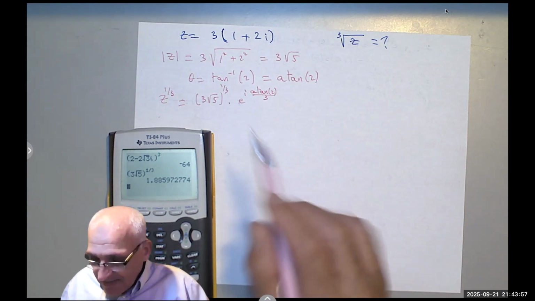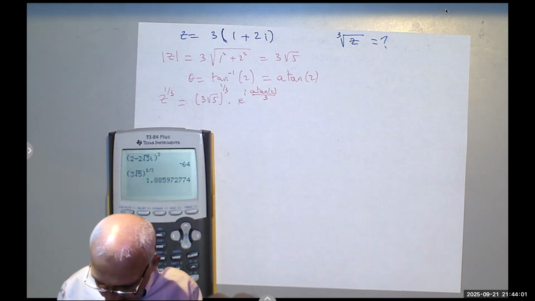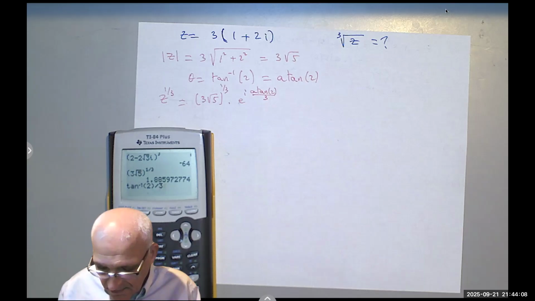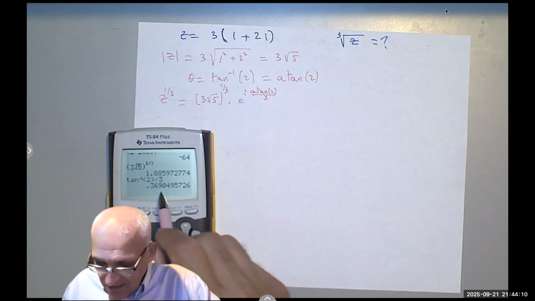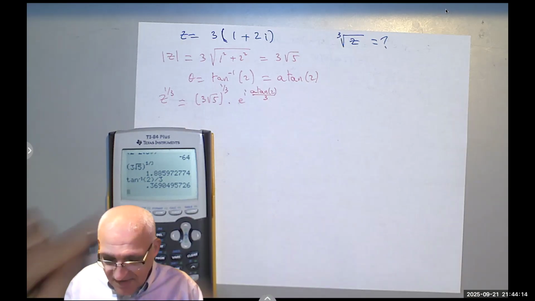And then I will get theta, which is arctan 2 divided by 3. And this is the angle.